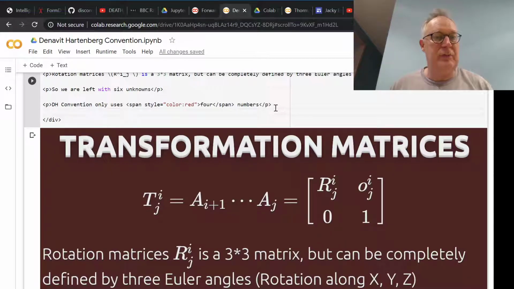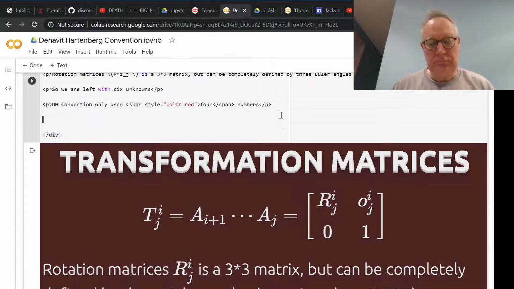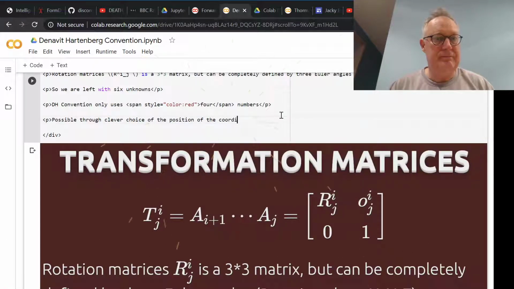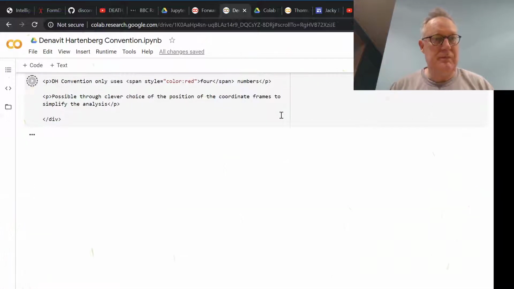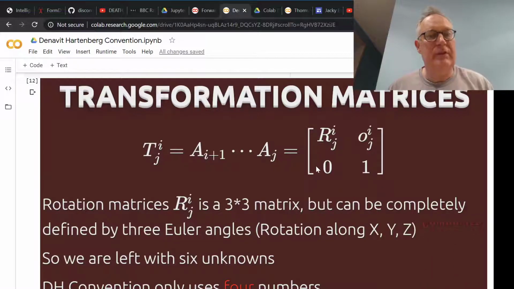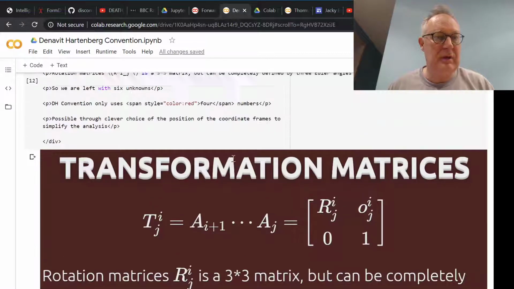So this is possible through a clever choice of the position of the coordinate frames to simplify the analysis. Otherwise, that wouldn't work, right? It would be just magic.